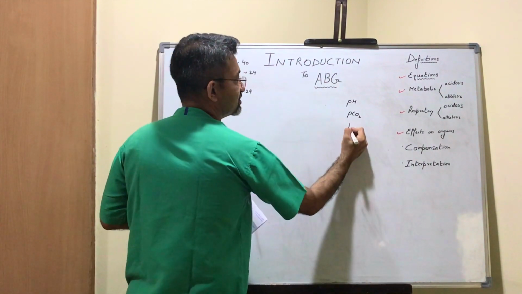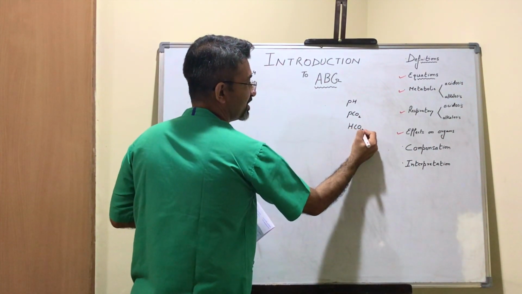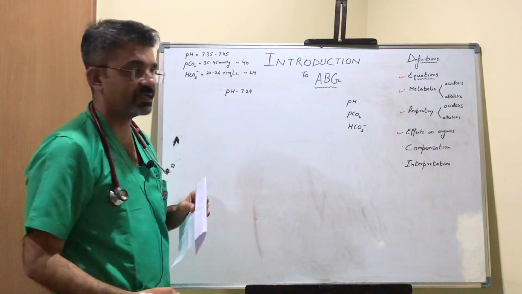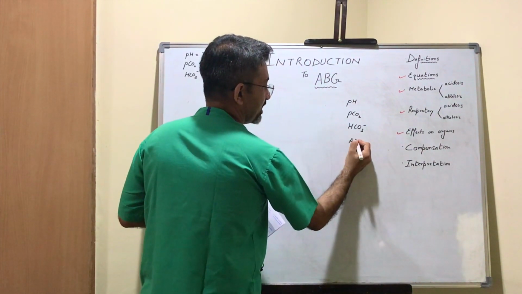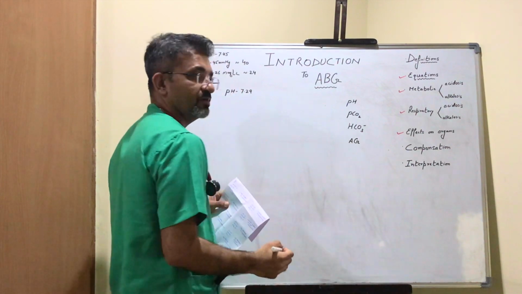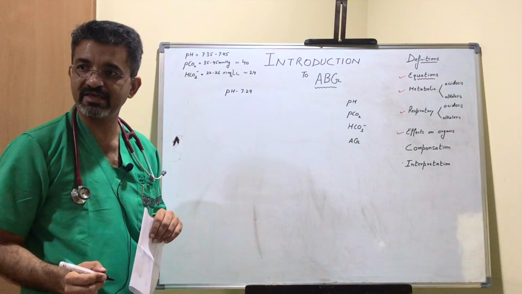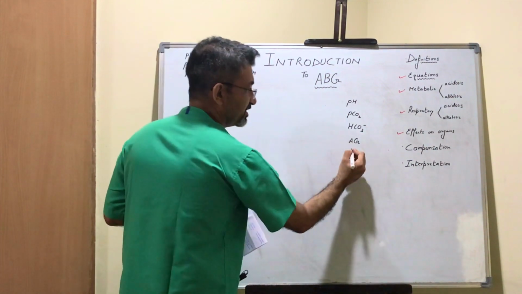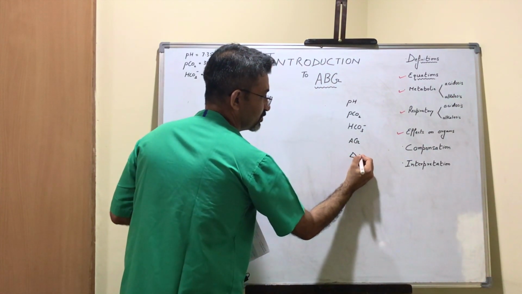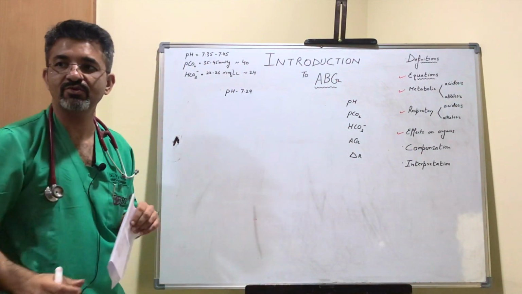Then I see HCO3, whether HCO3 is moving my pH up or down. Then I calculate the anion gap if I have metabolic acidosis and classify it into a high anion gap or a low anion gap metabolic acidosis. If I have a high anion gap, I calculate the delta ratio. This is the minimum you have to do.